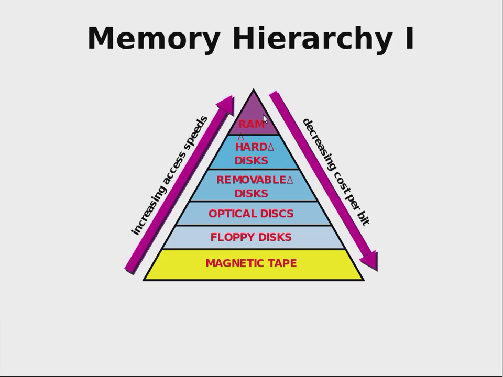For example, for the same amount of random access memory you may have to pay even thousands of dollars, compared to hundreds of dollars for secondary memory like a hard disk, tens of dollars for removable disks, and maybe cents for magnetic tapes, which are still used, usually not at home, but for example in large data centers.